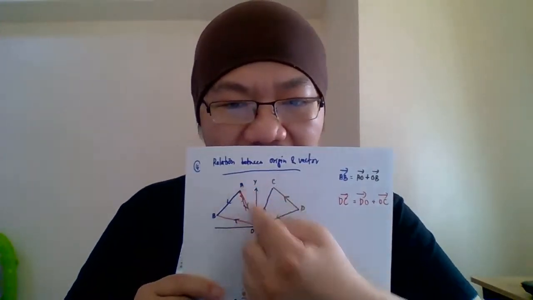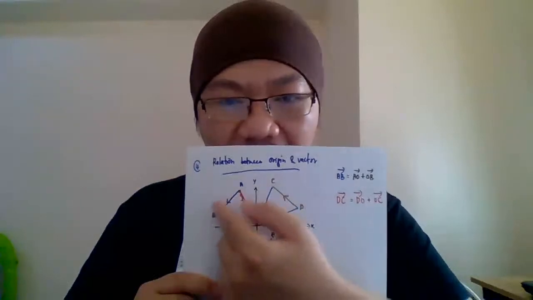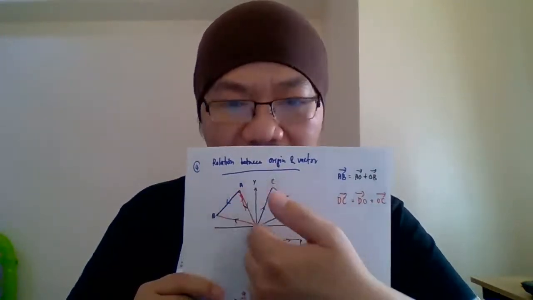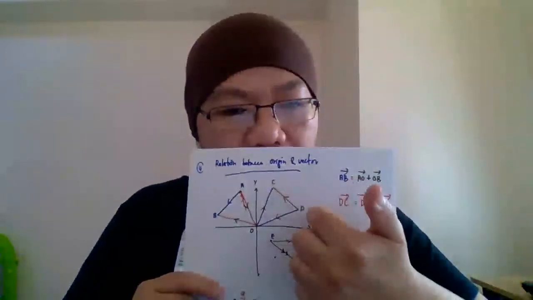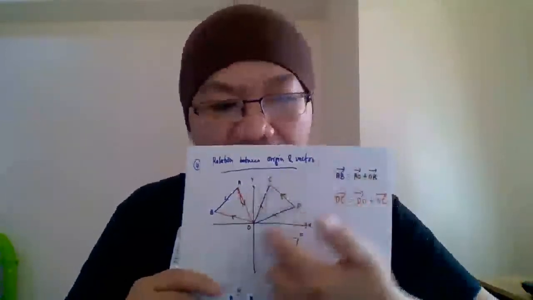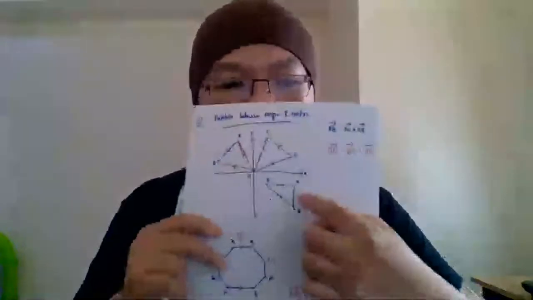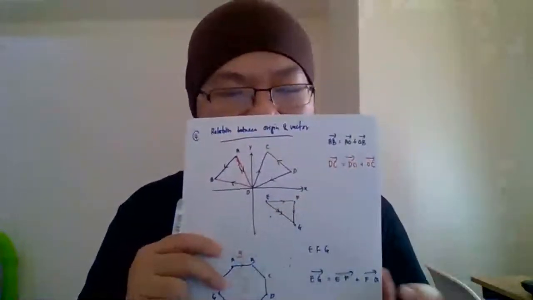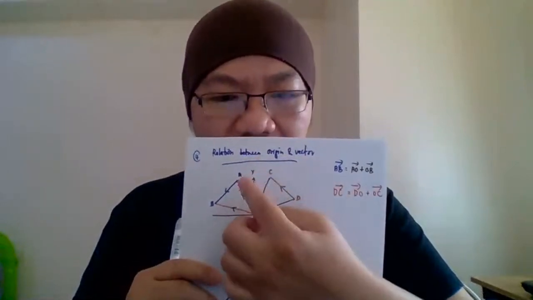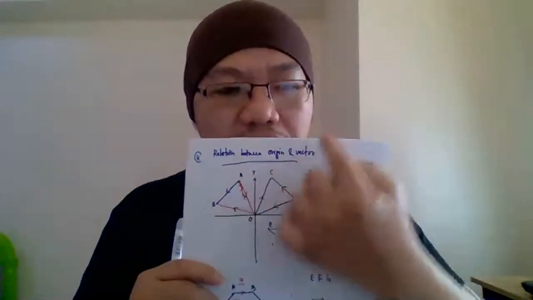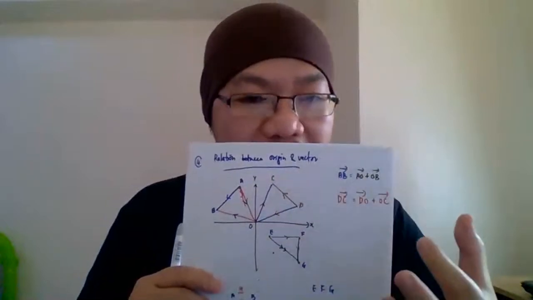So we just connect AO and OB, then it will form a triangle. It also similarly goes to DC. It is also a triangle, and also the third example here. Now after we form a triangle, we want to write down the formula.